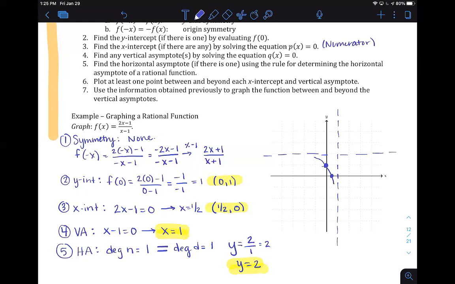That's the only place we can move, and we can't cross anything. So that means to the left, we're going to keep getting closer and closer to y equals 2, but we're never going to cross it. And then as x approaches 1, we're going to get closer to negative infinity.